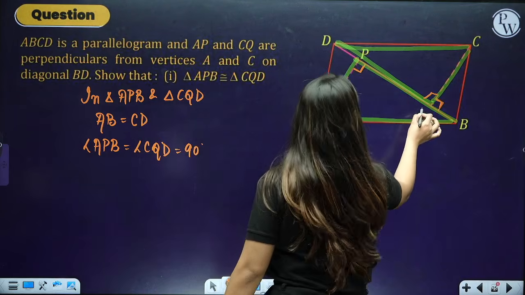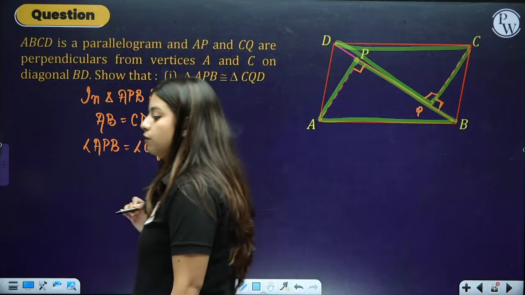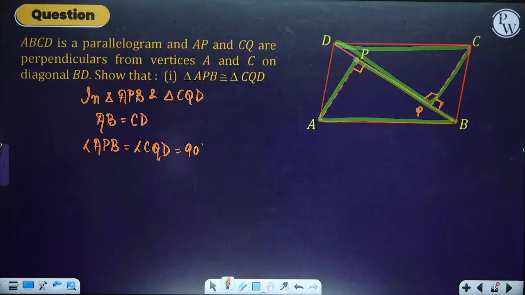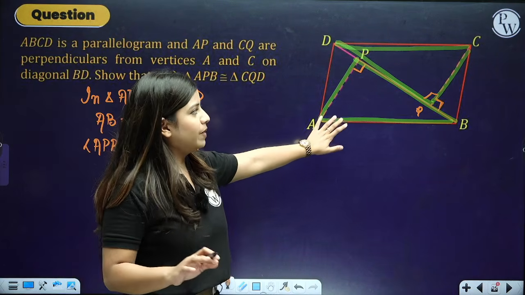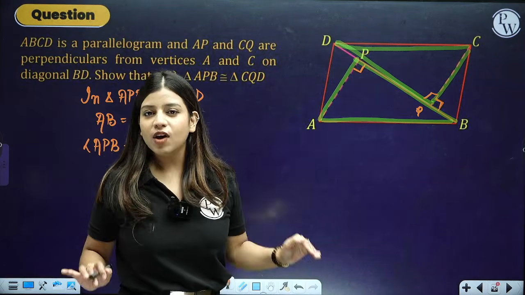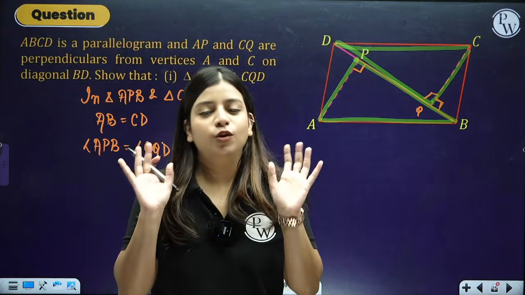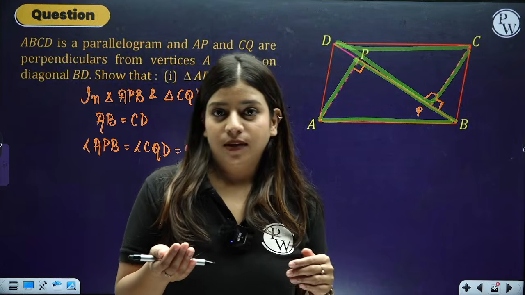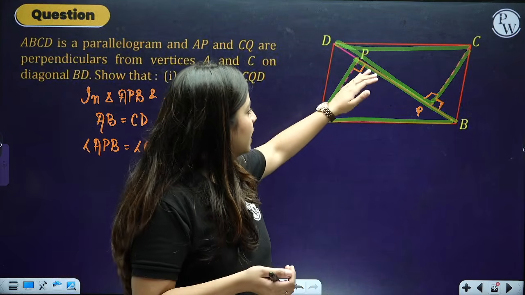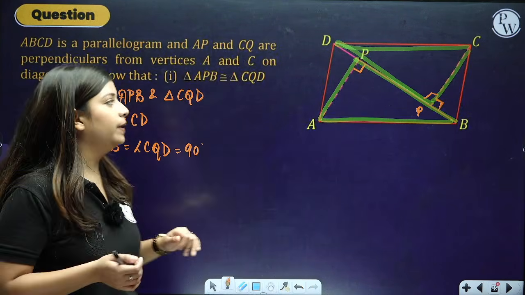This one over here is Q. So we know that the diagonal divides the parallelogram into two congruent parts. For two congruent triangles, the heights of both triangles are equal. So we know that the height of both the triangles will be equal as well.